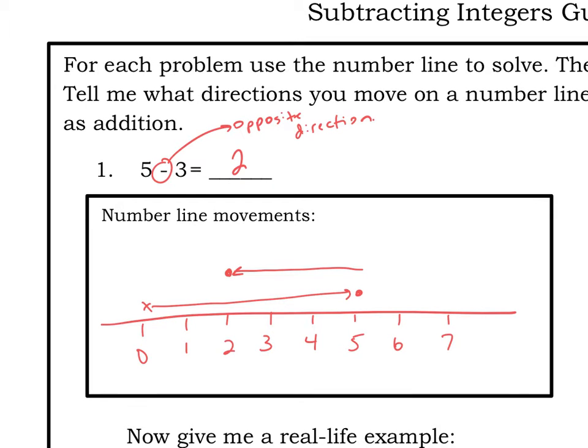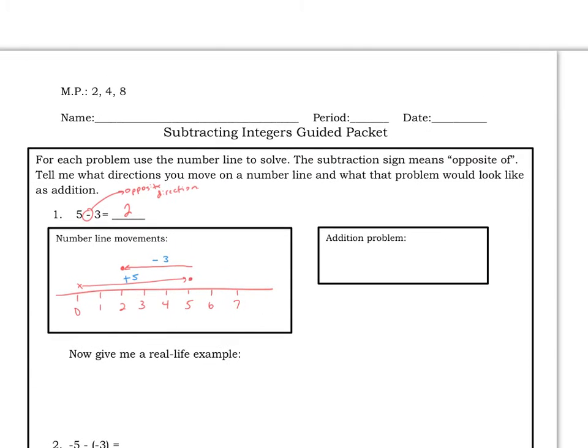Okay, but we need to transfer this to an addition problem. So let's look at the lengths of our lines again, right? From 0 to 5, that was a positive 5 movement. And from 5 to 2, that was a negative 3 movement. So my addition problem is just those two numbers added together. So 5 plus negative 3 would be my addition problem.